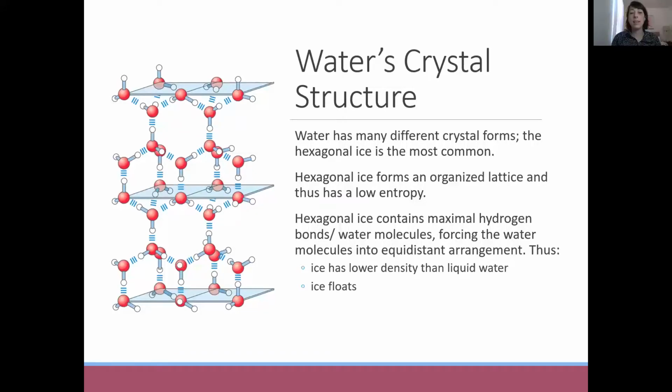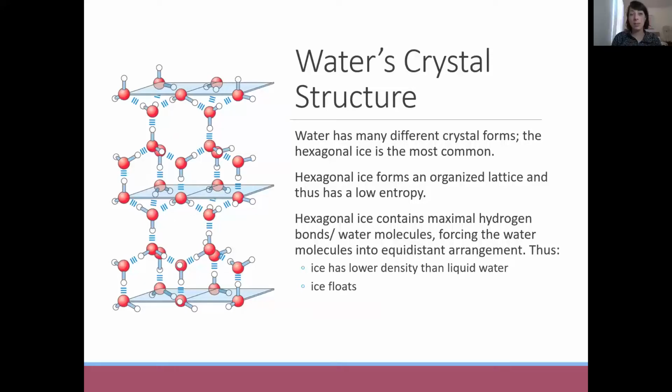Hexagonal ice contains the maximal amount of hydrogen bonds that can occur per water molecule. Remember, that is 4 hydrogen bonding interactions per 1 water molecule. This forces the water molecules into this particular equidistant arrangement of hexagonal structures.